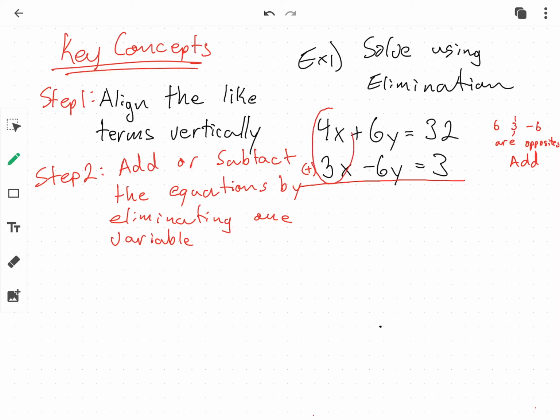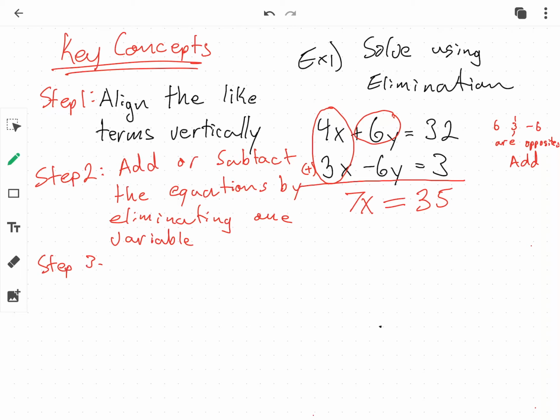So now we add vertically. What is 4x plus 3x? Gives us 7x. Negative 6y plus negative 6y gives us 0, so it is eliminated. 32 plus 3 gives us 35. Now we can go ahead and solve for x.